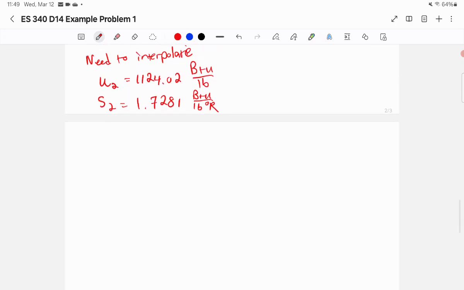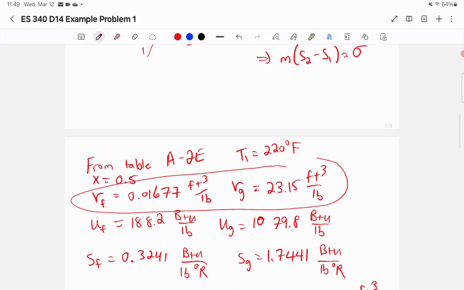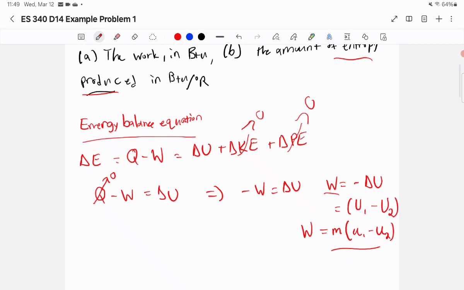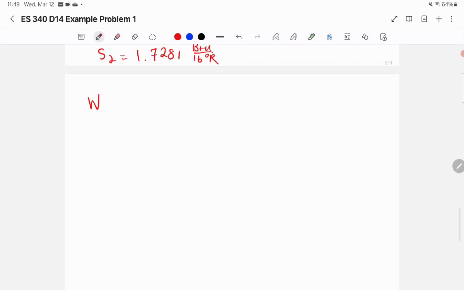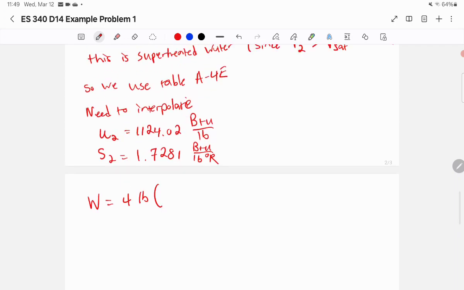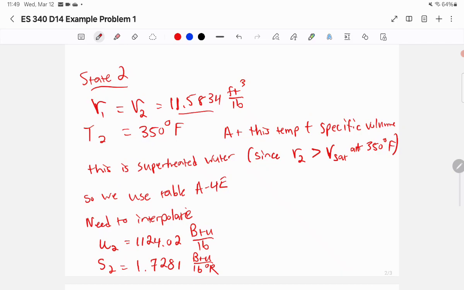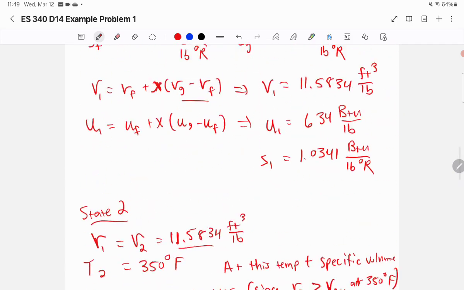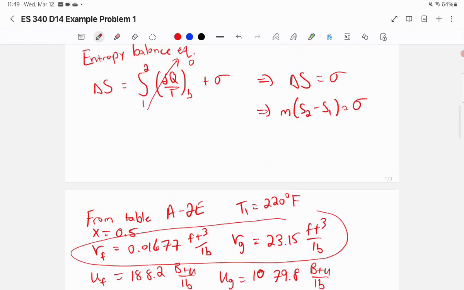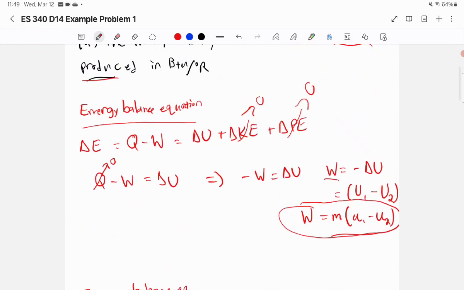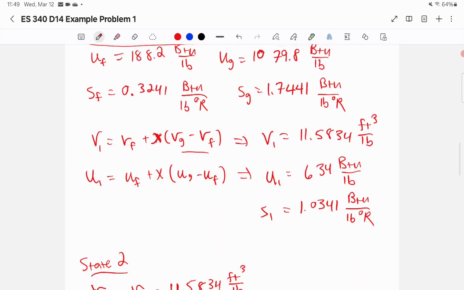Therefore, we can actually now find the work, right? Because we have this equation here. So the work is going to be equal to the mass, which was 4 pounds, times U1 in this case, right? That negative sign got carried through. U1, which was up here. Where did I write it down?